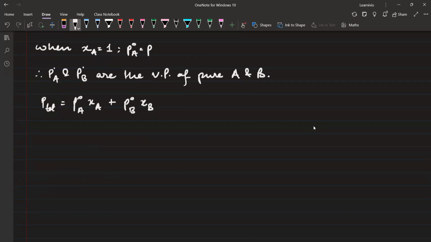Basic. For numericals, we have to rearrange this a bit. Write this equation properly: P total is equal to P naught A chi A plus P naught B chi B. Now we have to rearrange this equation a bit for the cases of numericals, because in numericals it is better to have a shorter form of this formula.